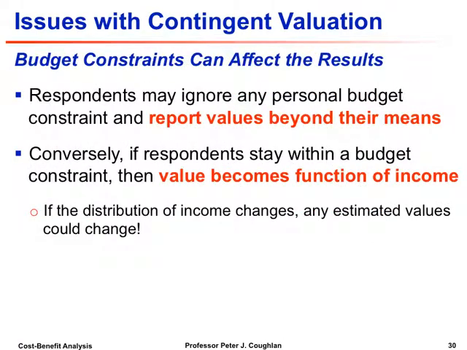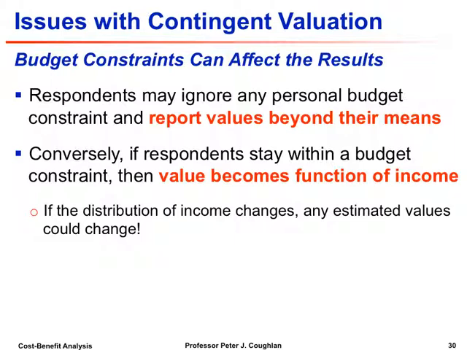Also, what about budget constraints? We will often get responses where, when asked how much it is worth to you, people say $1 million, $1 trillion. How much is human life worth to you? Infinite. Well, okay, then you're basically ignoring any budget constraint. If you're saying a number that's beyond your means, then what does that really mean?